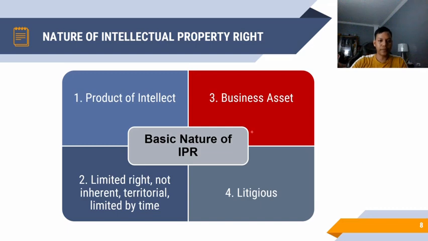Number three, we have these business assets. The owner has the right to stop their competitors from using it during the patent period. So for example, you have this invention and then you found out that your competitors are using your intellectual property. So you have the right to stop your competitors during that patent period.